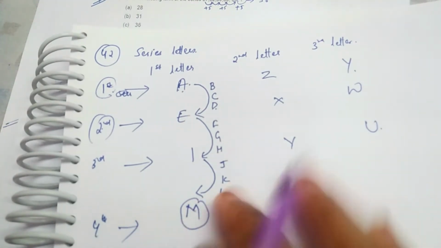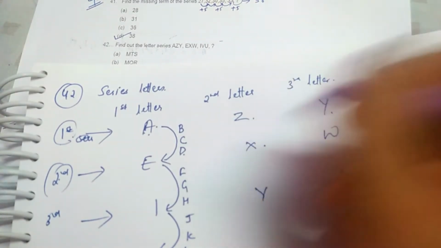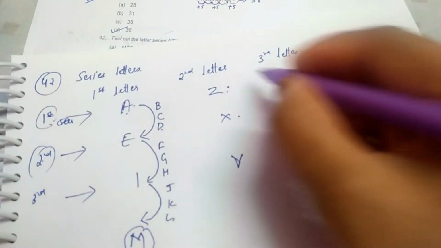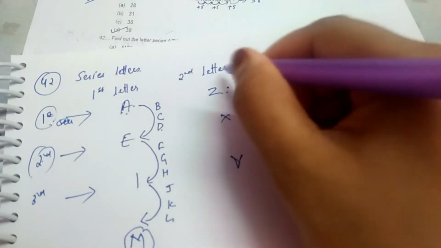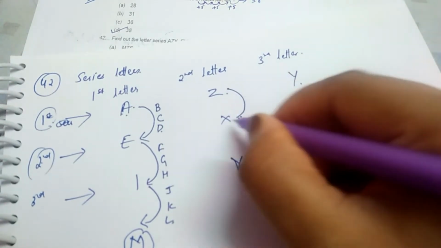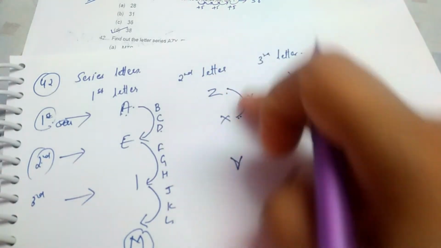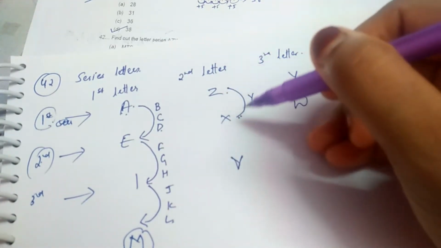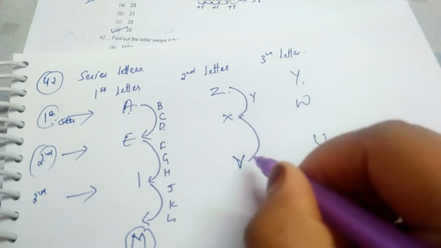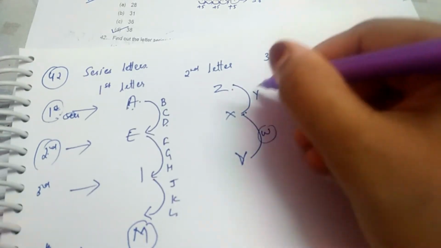Now in the same way, let's see the difference between the second letters. How is it going? It's going backward, right? X, Y and Z, so they are skipping one, but reading it backward. Next you see it is UV, W, where W is skipped.